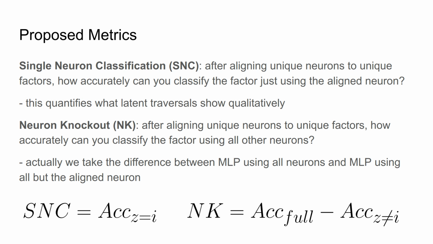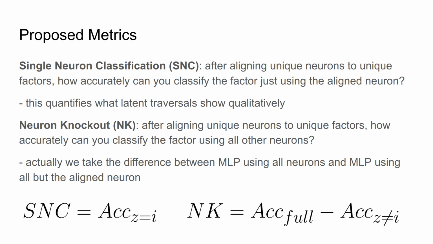So again, for a perfectly disentangled representation, the MLP trained on all neurons will be very high, but when you remove just that one neuron, it'll go to chance accuracy, because all the information was in that one neuron and there's no information in any other neurons.